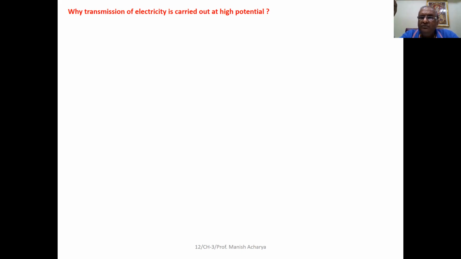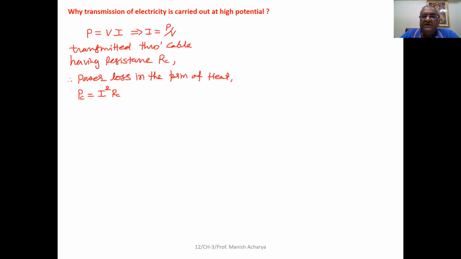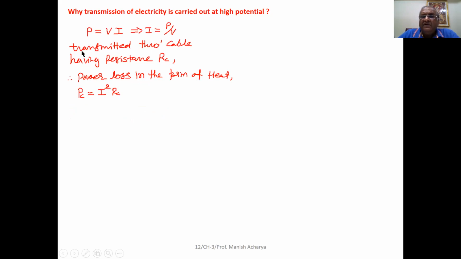So to minimize this loss during the transmission, what can we do? Now see here, the power P, which is equal to V into I, this we want to transmit.